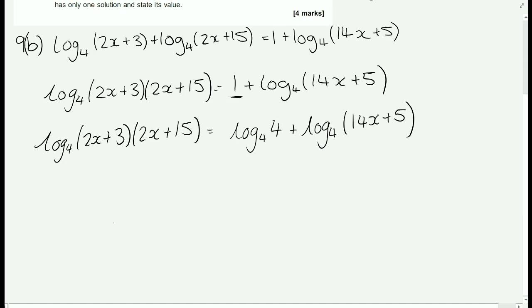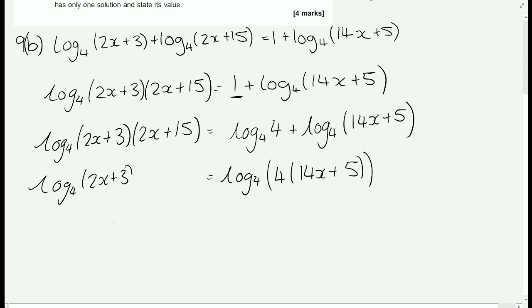Okay, so we're going to apply that same rule that we did on the left-hand side to the right-hand side. So we're going to have log 4 of 4 times by 14x plus 5. So I'm multiplying the two things together, and that is still equal to this left-hand side.